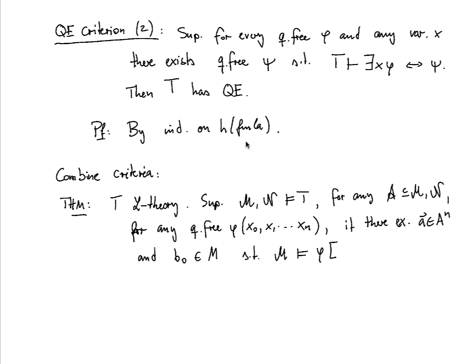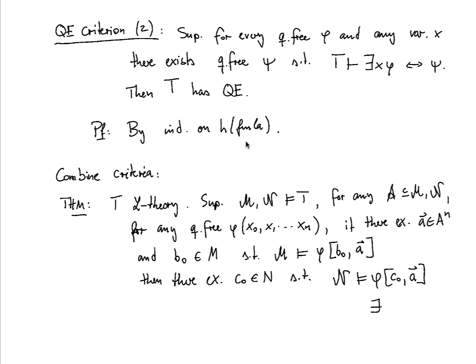So that means b0 is a witness to the existential statement exists x phi, right? Then there exists a c0 in the bigger structure, right, such that in the bigger structure we have phi of c0, a. So in the bigger structure, c0 would be the corresponding witness to the existential statement exists x0 phi, right?